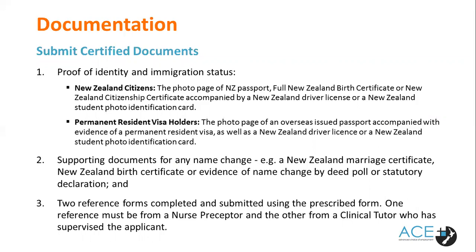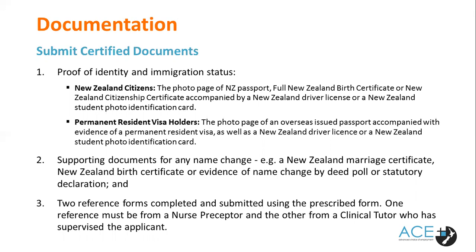And you will also need to provide a New Zealand driver license or a New Zealand student photo ID card. So you need 2 proofs of identity, the primary one being a passport or birth certificate or citizenship certificate, and the second being a driver license or a student ID card.